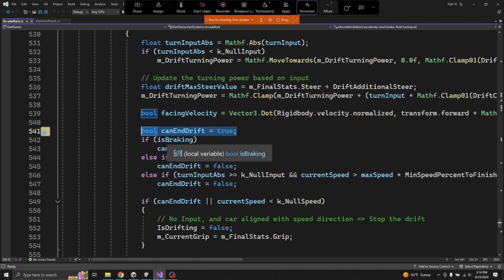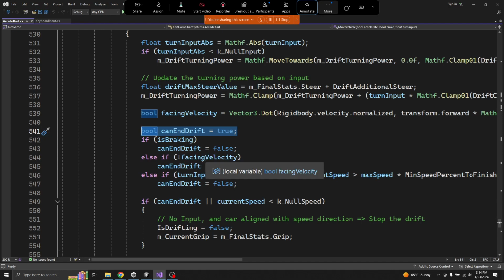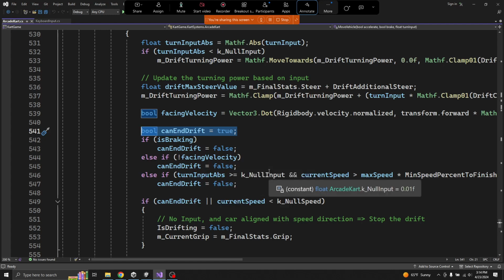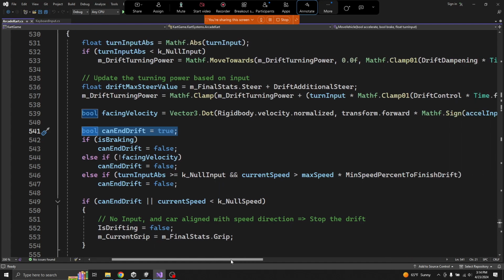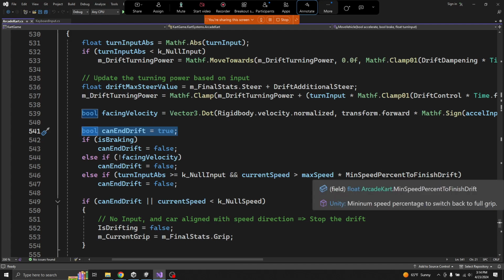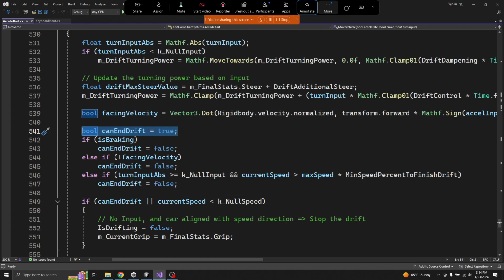All right, so if we're braking, then we're not allowed to end the drift. If we're not facing our velocity, we're not allowed to end our drift. If our absolute turn input is greater than that killing factor, the null input, and current speed is greater than the max speed times the min speed percent, then this can be false too. Basically, are we allowed to end the drift?